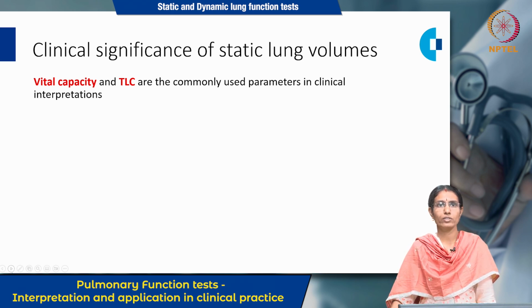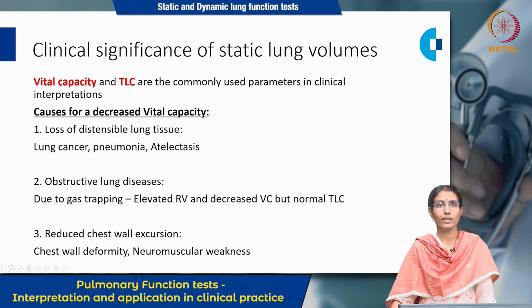So, there are conditions in which vital capacity can decrease. Vital capacity decreases if the lung tissue is destroyed, the distensible lung tissue is destroyed in case of pneumonia, lung cancer, atelectasis or collapse. If the lung tissue itself is destroyed, vital capacity is decreased.